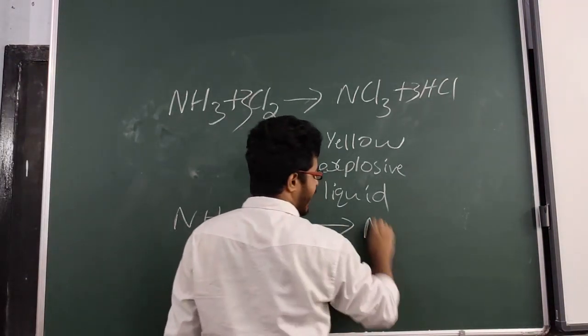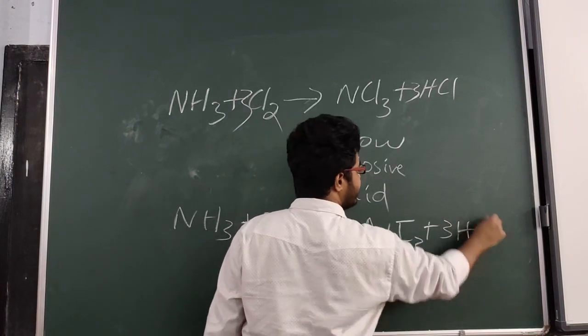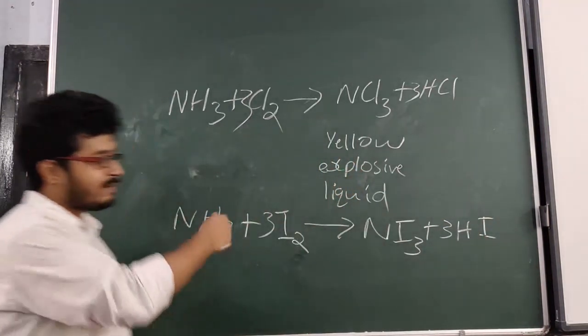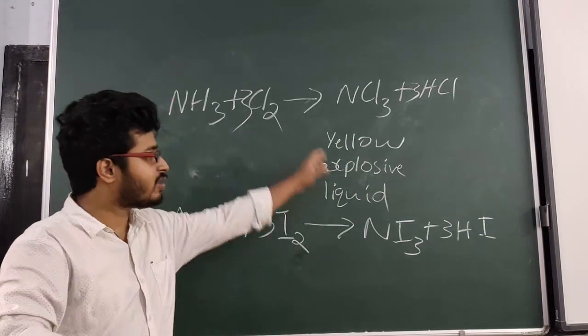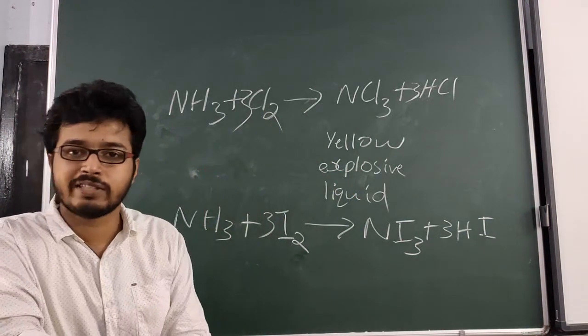The product is NI3 plus 3HI. The reaction is much similar to the previous one, and here, instead of a yellow explosive liquid, you will get a purple explosive liquid.